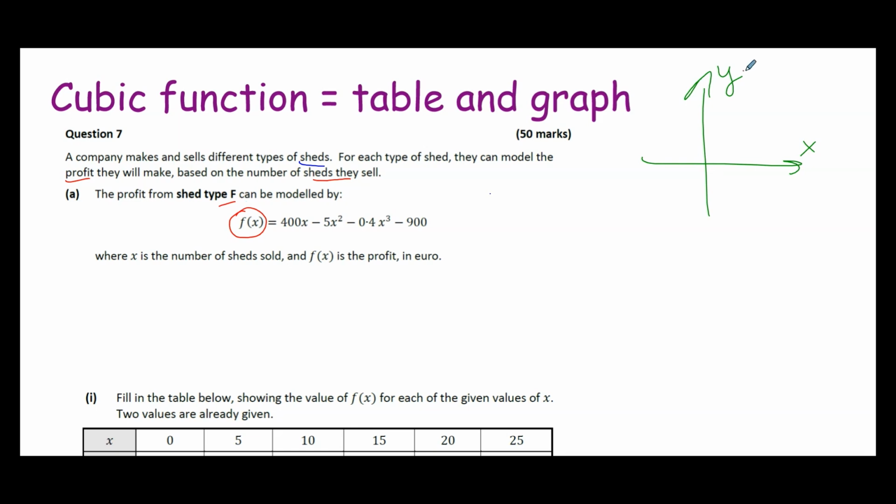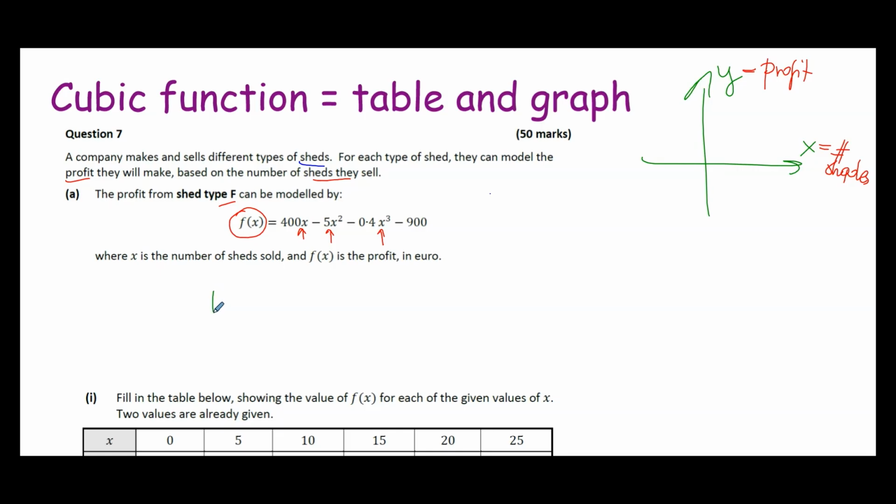This part here, that's profit, that's your y. And then x is the number of sheds sold. So that's what those two values mean.